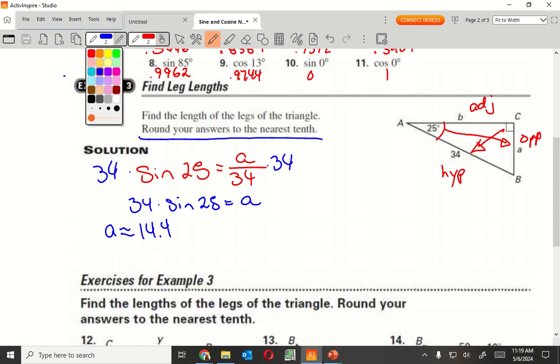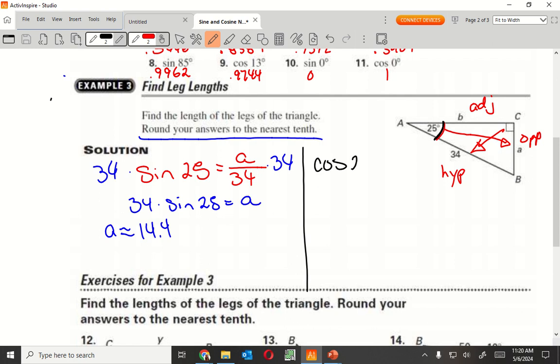Now I'm going to do the same thing for the other one. I have to figure out b. From my reference angle, I have to use b, so that's going to use adjacent. So adjacent is going to be the cosine function. So it's going to be cosine of 25 is equal to little b, adjacent over hypotenuse, 34.